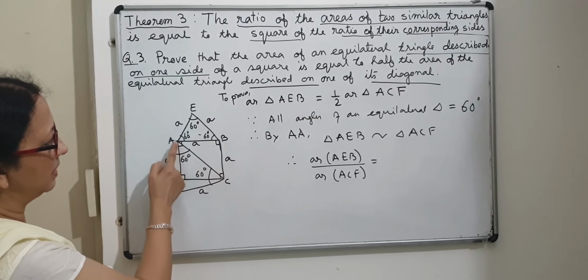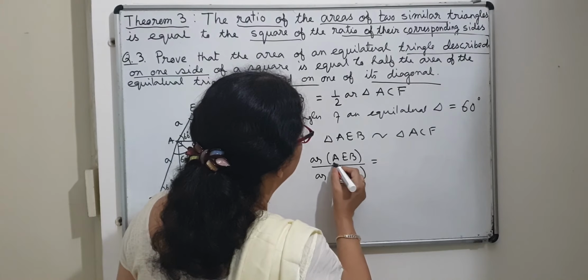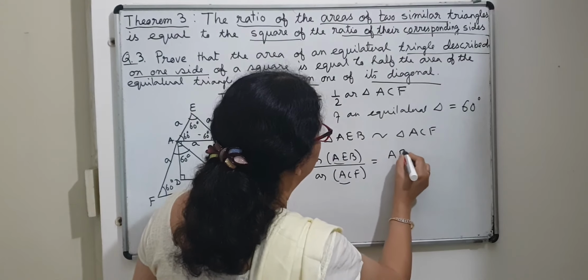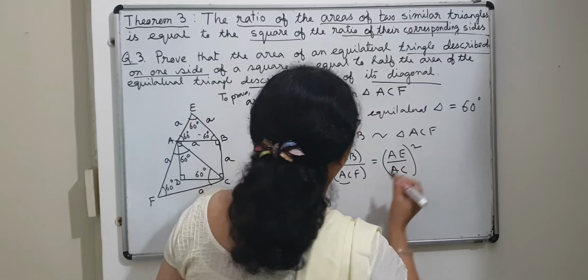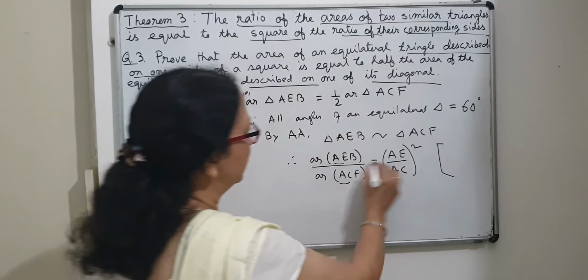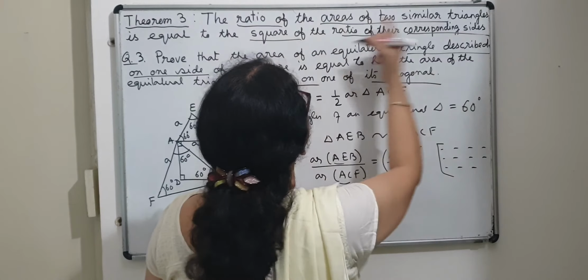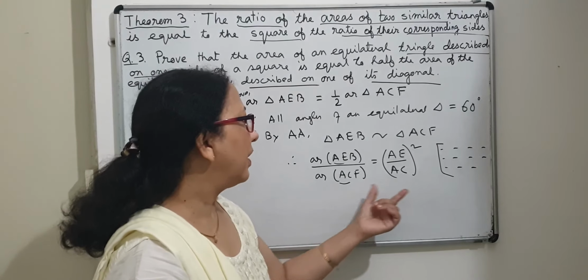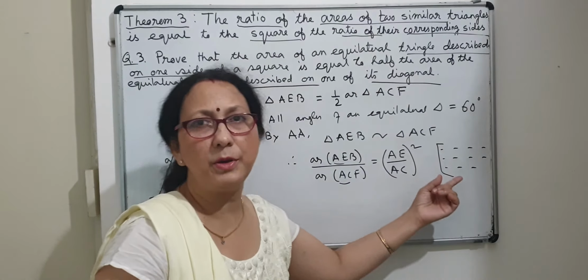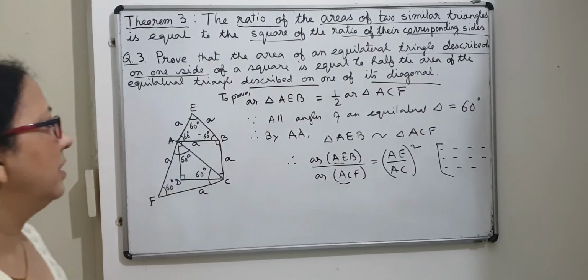So I'll take AE by AC, whole square. Whenever you write these things, always write the theorem inwards. This is very important: the logic, which theorem you have used, you have to write down by the side inwards.